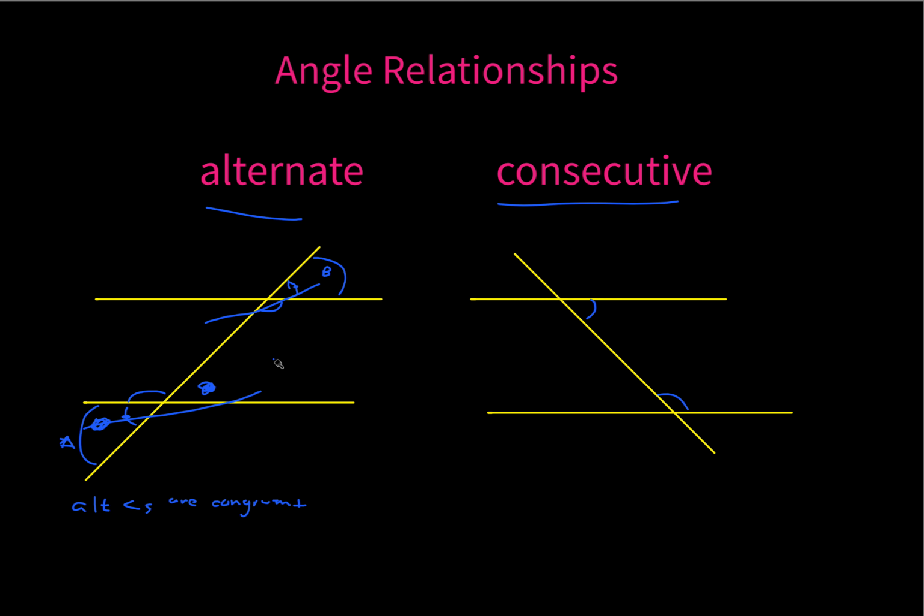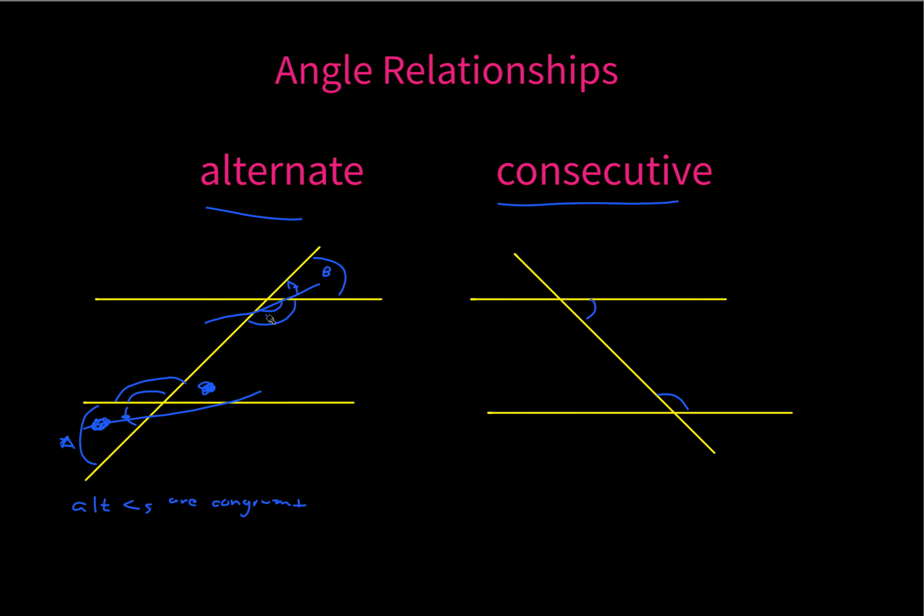And though looking at the position of angles just visually is not a way to go about things all the time, we can kind of tell that this angle is of a similar size compared to this angle. They are alternate.